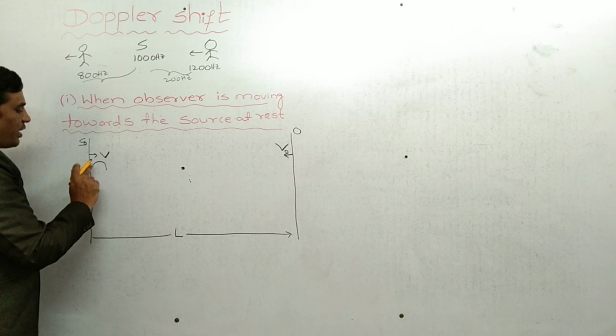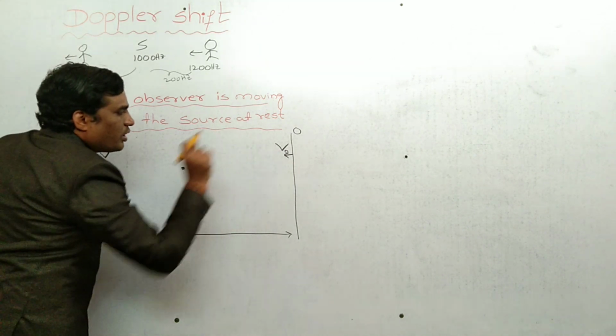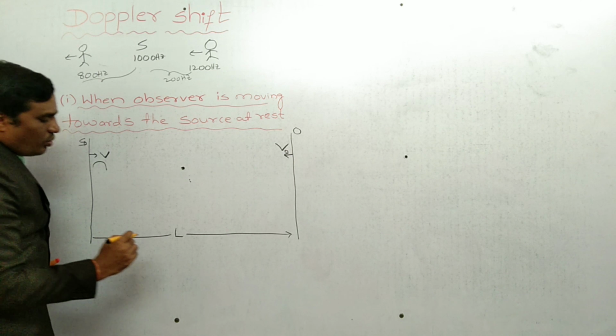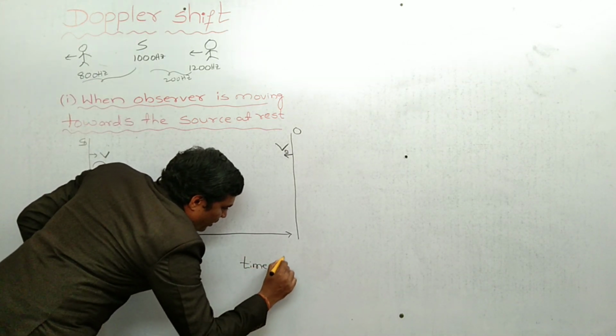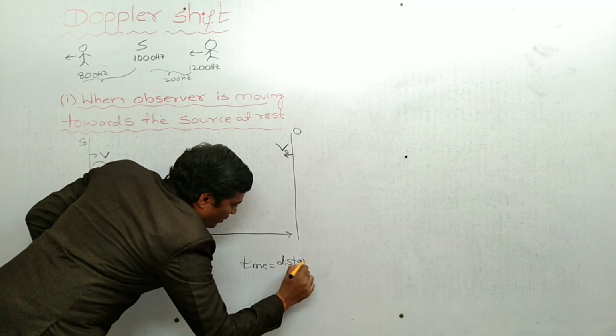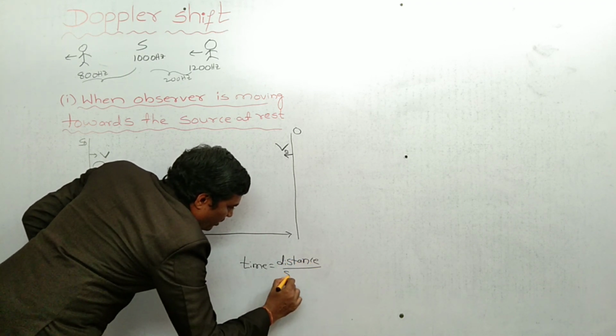Now what is the time taken by the first crest to reach the observer? Time equals distance by speed.